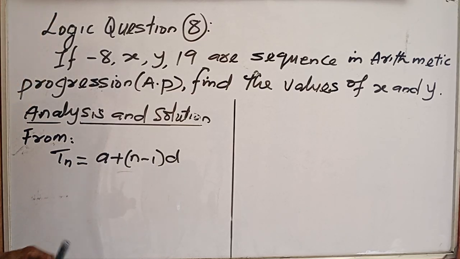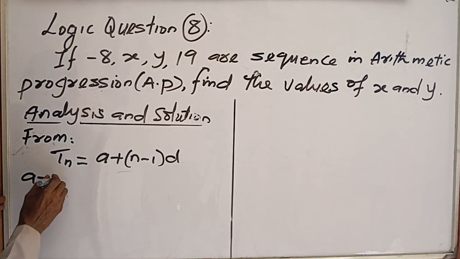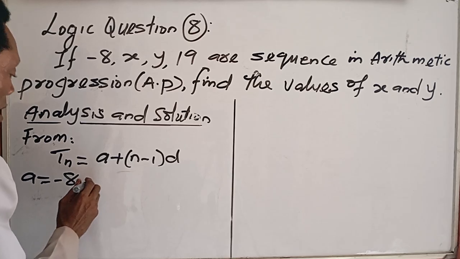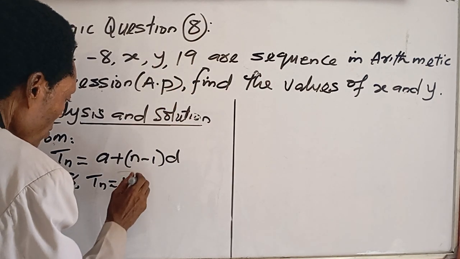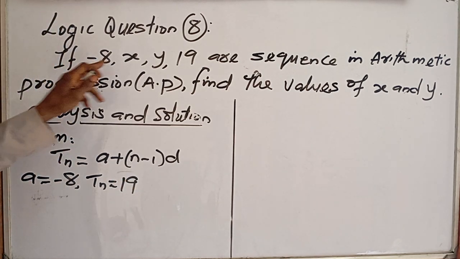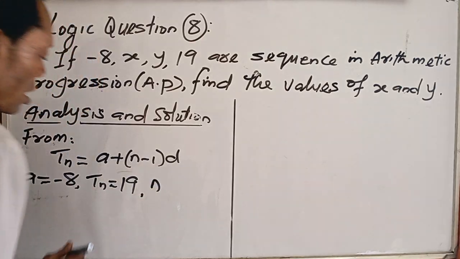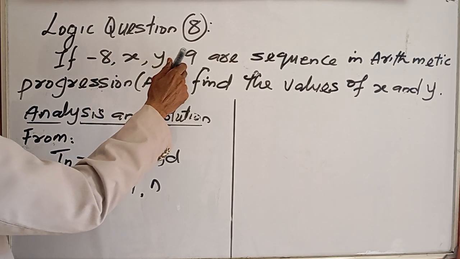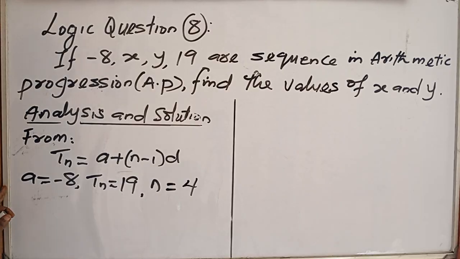So based on this, let's see. Our a is minus 8. The last term here is 19. I want to make use of the first term and the fourth term, so our n here will stand for the fourth position, which is 4.